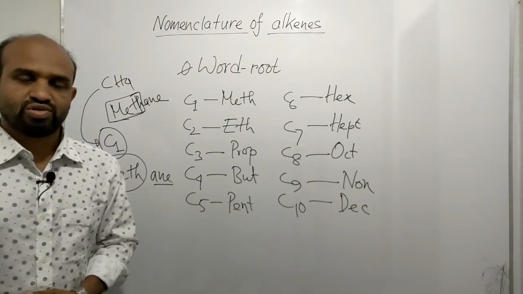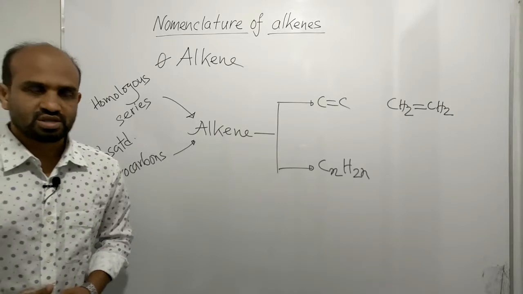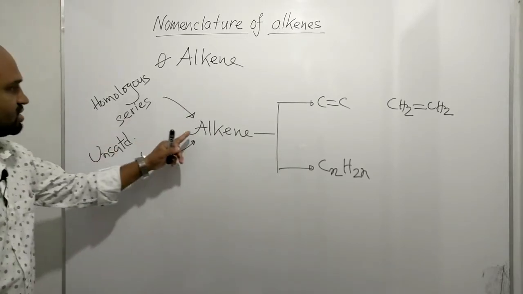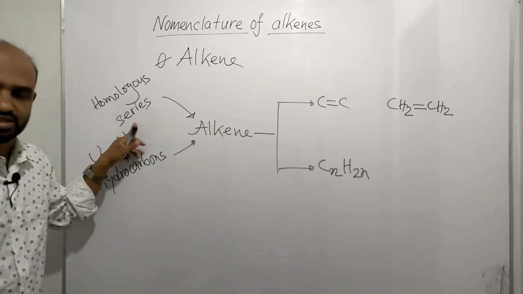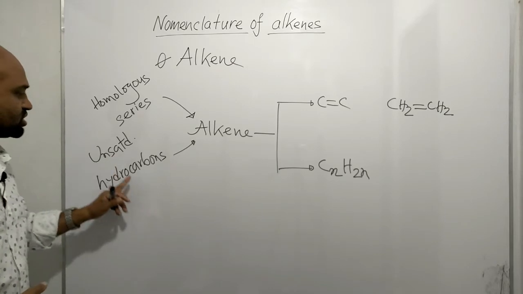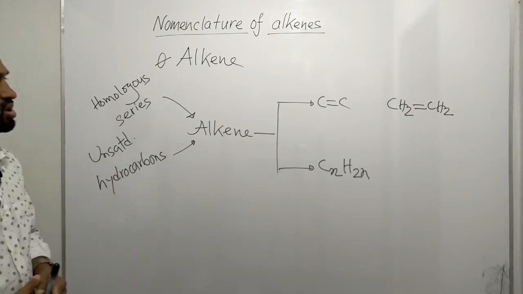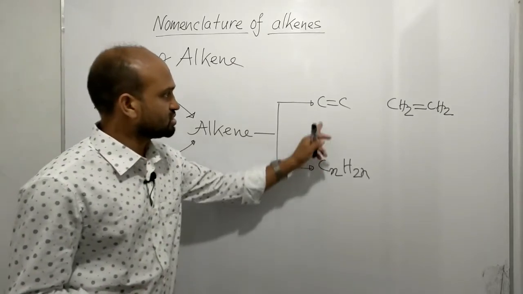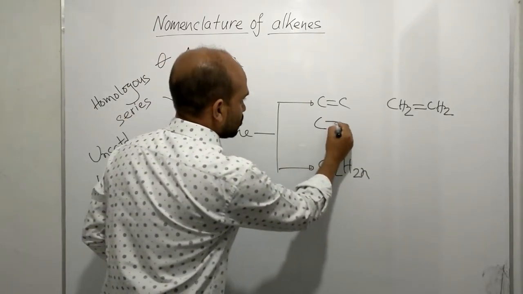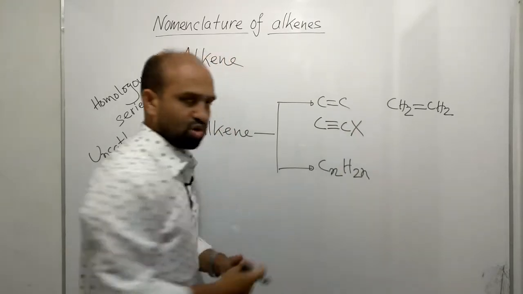Now let's go for the next point. The point is now alkene. What is alkene? Alkene is a kind of homologous series. It's a name of group of unsaturated hydrocarbons where all the compounds possess carbon-carbon double bond. It must not possess carbon-carbon triple bond.